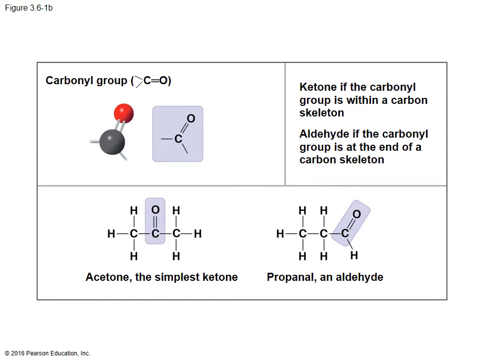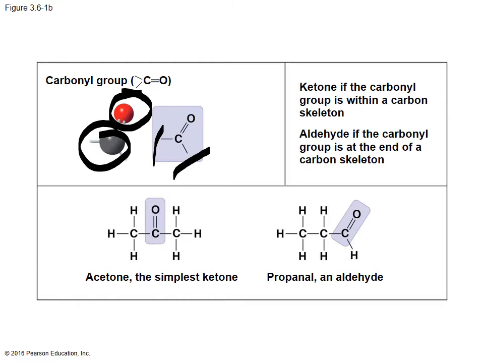The next group is the carbonyl group. So in this particular functional group, you see that there is an oxygen atom and it's double bonded to a carbon atom, and the two areas here could be another carbon. So we have two classes of carbonyl functional groups. You can have ketones and you can have aldehydes.